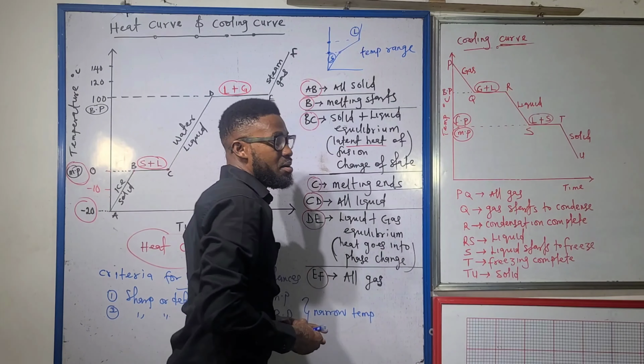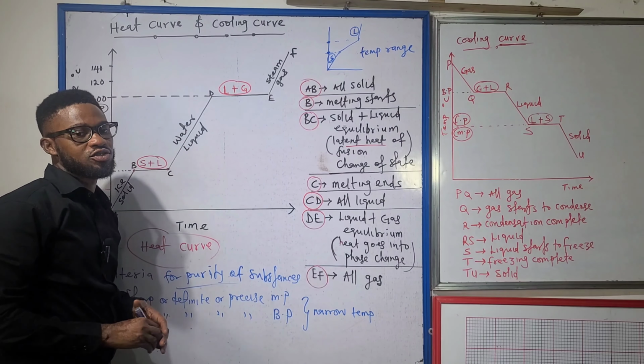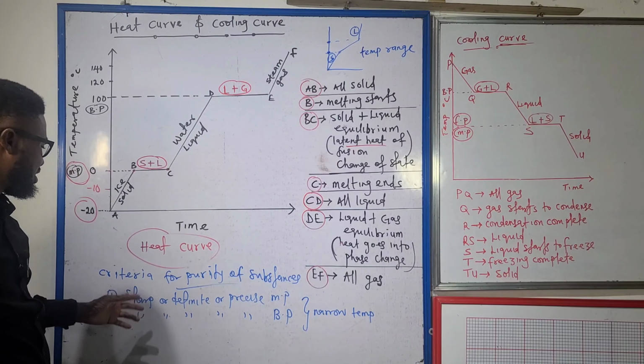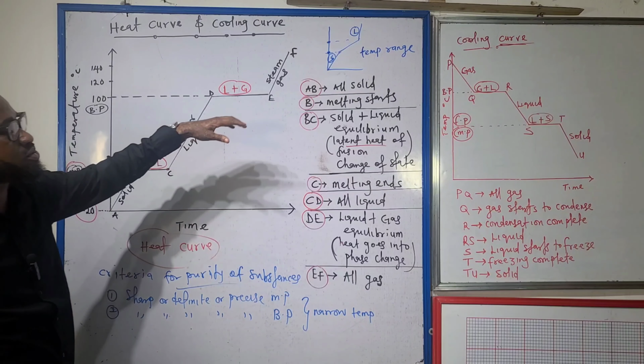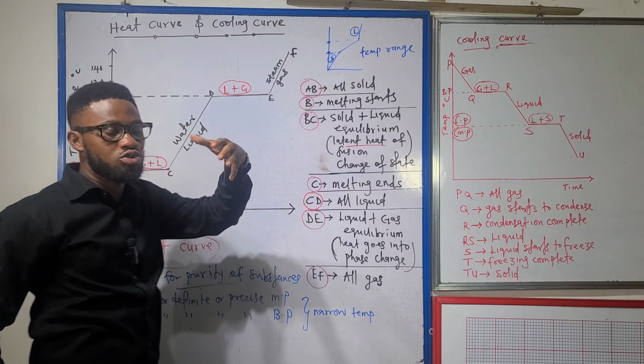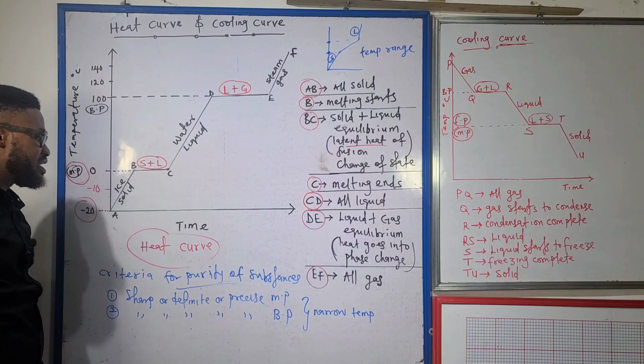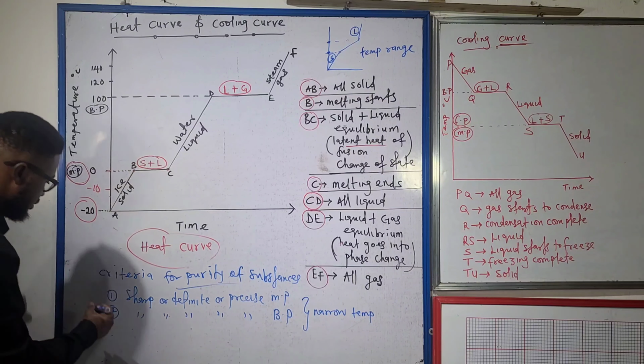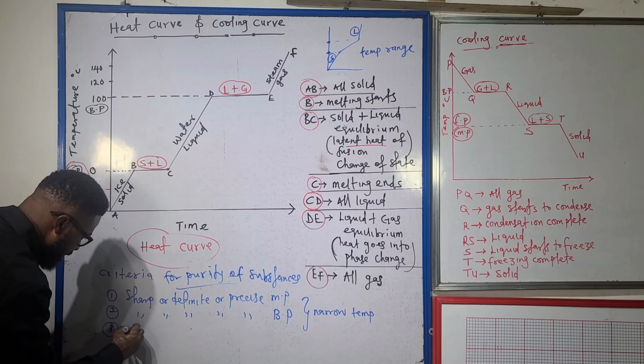So when the melting point or the boiling point of a substance is not precise, not sharp, not definite, that tells you that substance is a mixture, or you say it is chemically not pure.